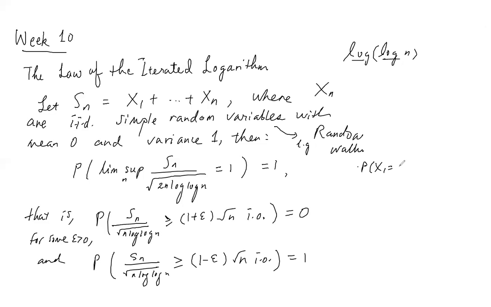With some probability p you move to the right, and with probability 1 minus p you move to the left. So you basically just have two values.